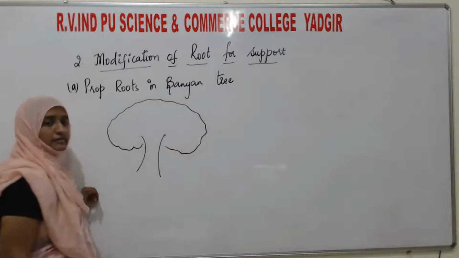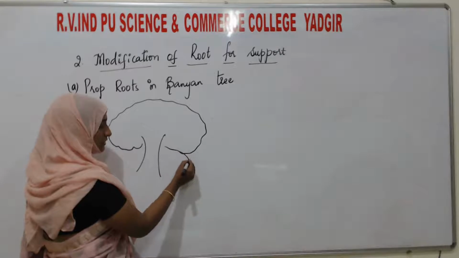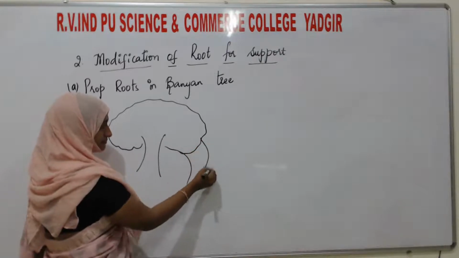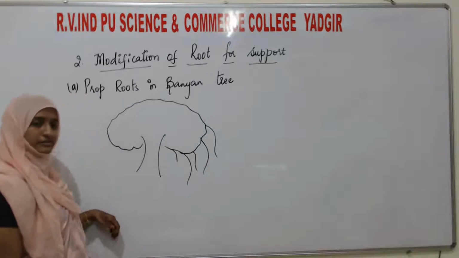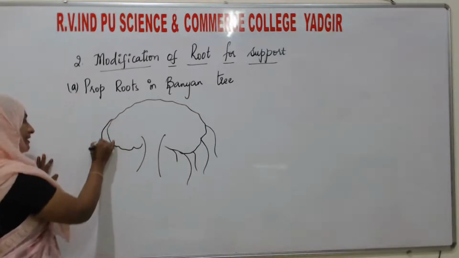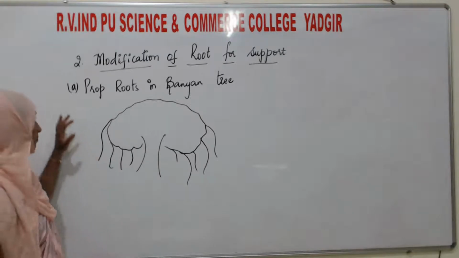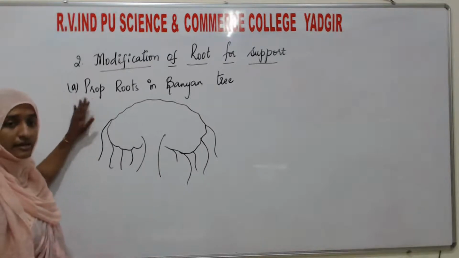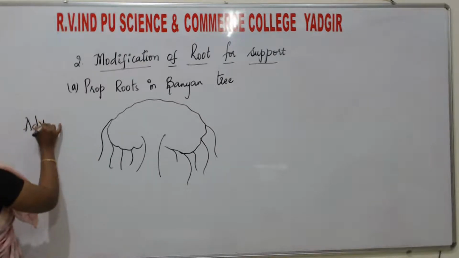It will be like this, and the roots arise from its branches. They will be hanging like this. See, prop roots in banyan tree are one of the examples of adventitious root.